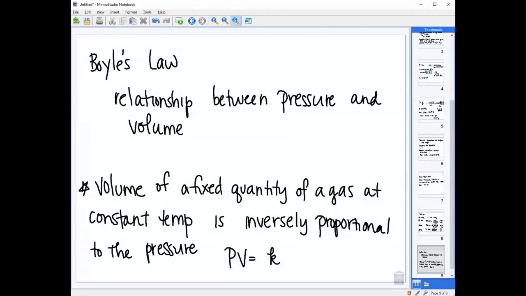Okay, so we're going to be able to look at what happens to a gas initially, and then what happens to a gas as its pressure or its volume change. And so we can derive an equation from this.